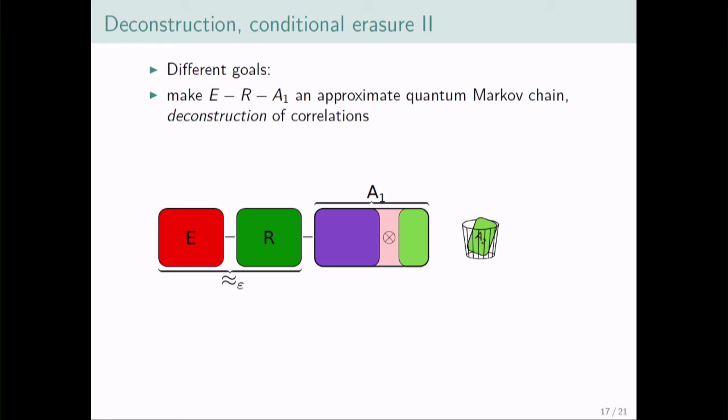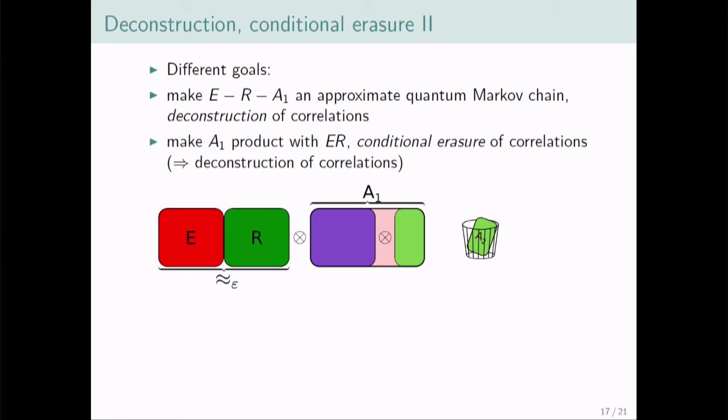That is, to make this A1 system recoverable from R. But we could also ask something stronger, where we ask A1 to be completely in a product state with this ER system. The first task we call deconstruction of correlations, and the second task we call conditional erasure of correlations. And of course, the second one implies the first one because a product state is for sure recoverable.